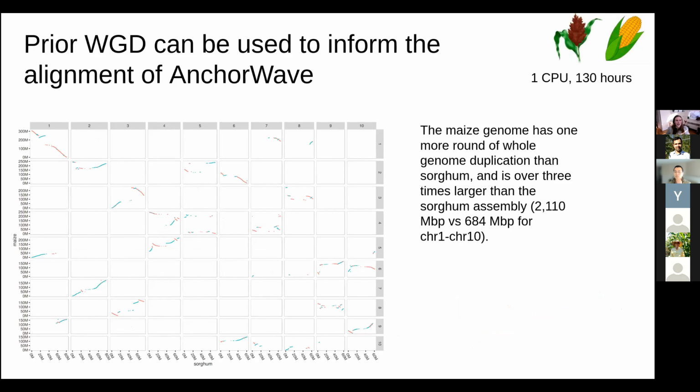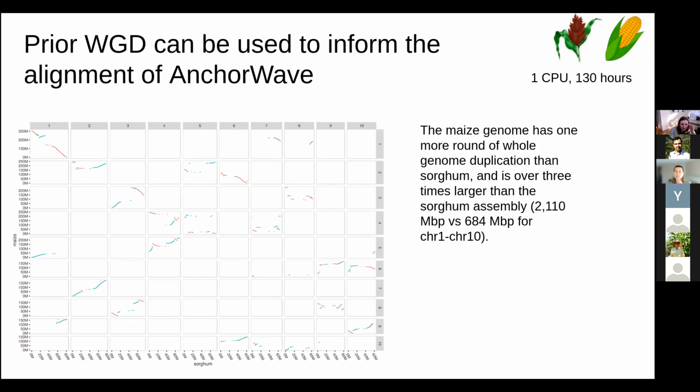Okay, so everything we've talked about so far has been comparing two genomes or multiple genomes within a single species. But AnchorWave is a lot more flexible than just looking within species. Some of the power comes from being able to compare relatively divergent species, especially those that have had different levels of whole genome duplication.